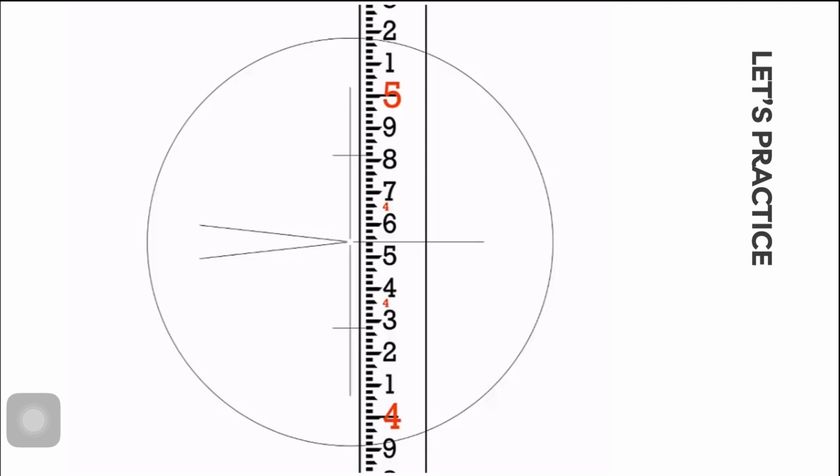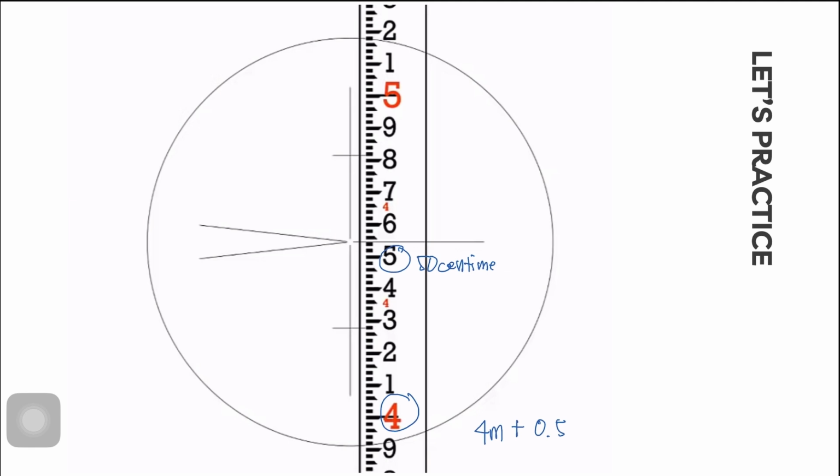So let's practice together. You can pause this video, then go ahead and find the reading. For this one, the rod reading is 4 meters plus 50 centimeters, or in tenth place is 0.50 meters.